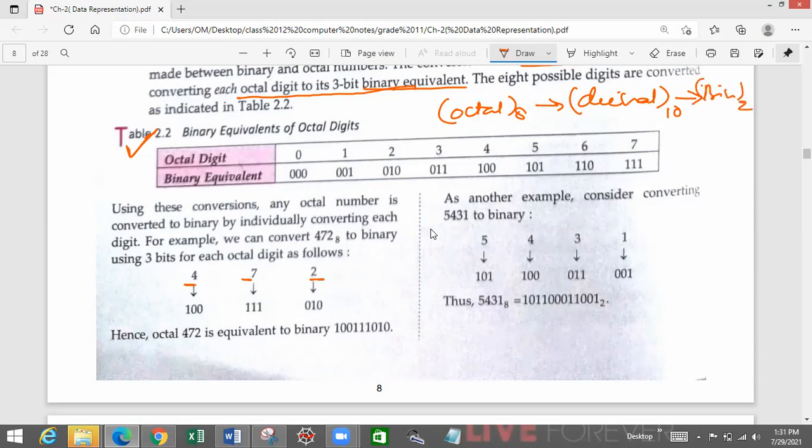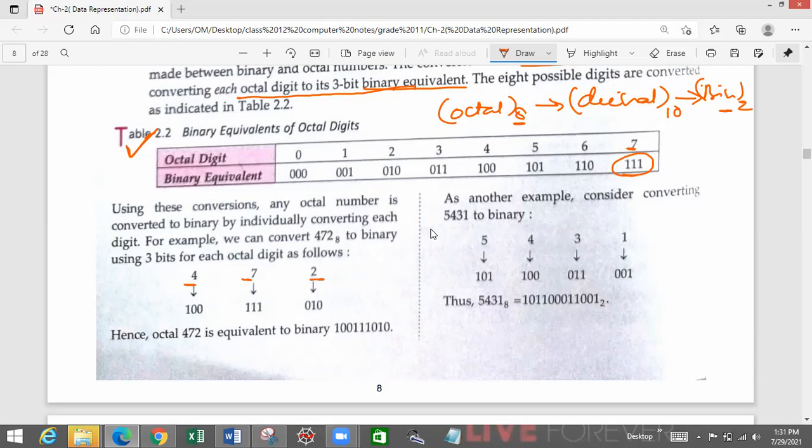But it will become very lengthy. So we can have a shortcut method. We know that an octal number can be represented using 3 bits of binary, because 7, the largest number in octal, is represented by 3 bits. So maximum I need a 3-bit binary number to represent any octal digit.